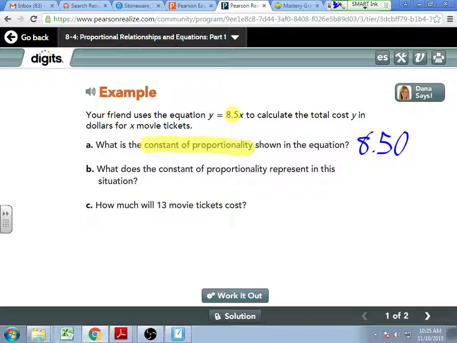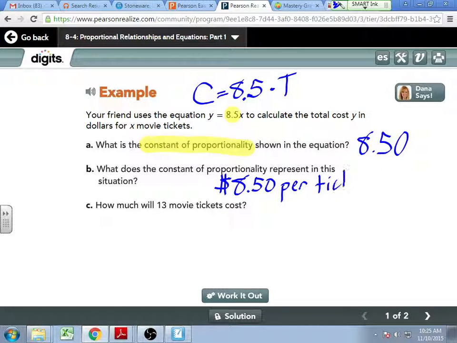If this is telling you the total cost will be 8.5 times the number of tickets, that means Peyton, that it's $8.50 per ticket. Yeah, it's $8.50 per ticket, which is relatively standard for around Columbus.